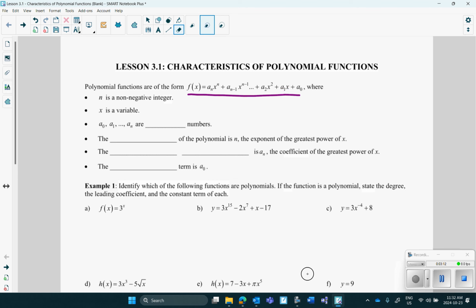So what do all these letters mean in this fancy notation? n just represents the exponents. So n could be 5, which means this one is 4, the next one could be 3, the next one could be 2, then 1, and then some number. x is a variable.